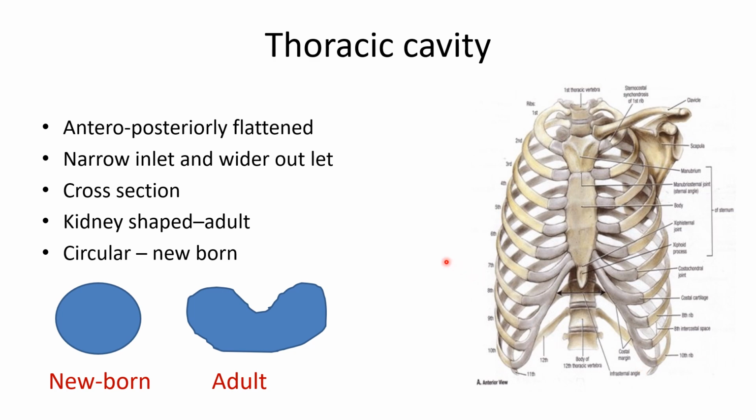If you take a cross section of the thoracic cavity, it will be kidney shaped in the adult, whereas it is circular in the newborn. So the thoracic cavity is flattened anteroposteriorly, has a narrow inlet and wider outlet, and the cross section is kidney shaped in the adult and circular in the newborn.